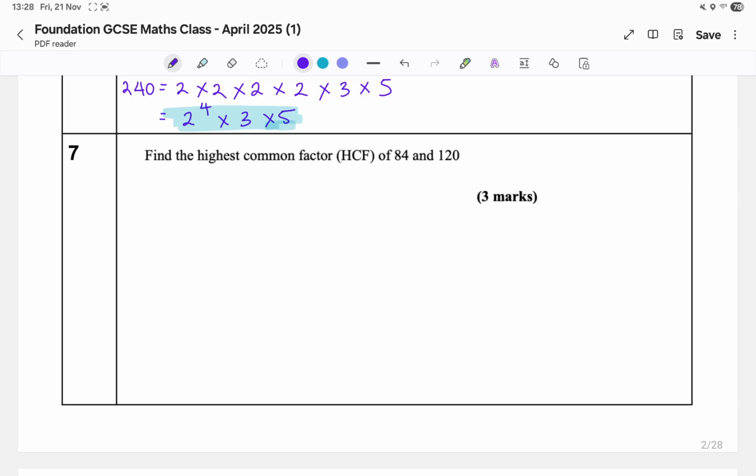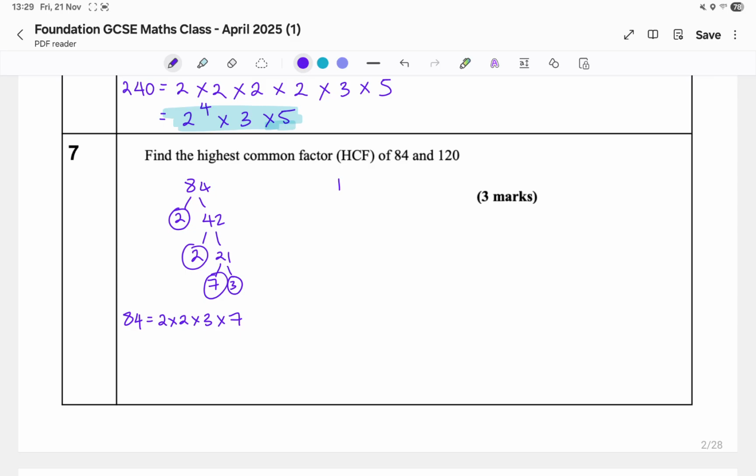So how you do this is, first I'm going to break each number down into its prime factors. So 84 is 2 and 42. I know 2 is a prime number, and 42 is 2 and 21, and 21 is 7 and 3. So I've broken that down. So I can say 84 equals 2 times 2 times 3 times 7.